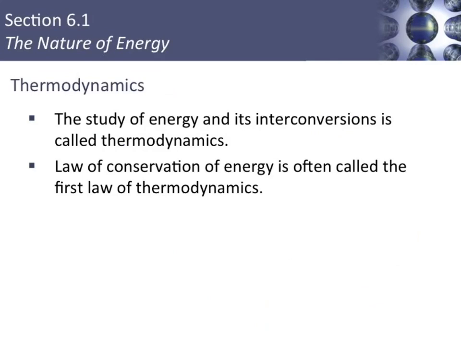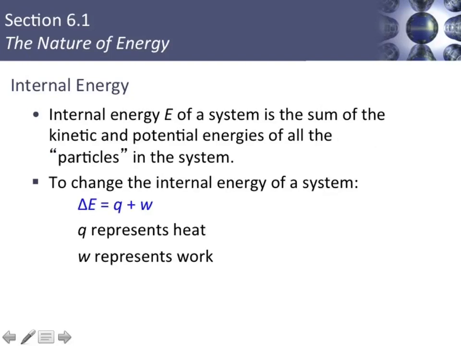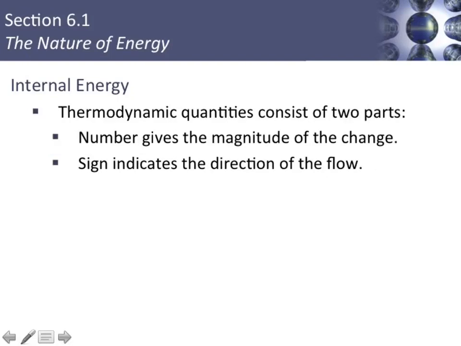So thermodynamics is the study of energy and its interconversions. The law of conservation of energy is often called the first law of thermodynamics. We talked about that. There are two things you need to know about these quantities from thermodynamics, and one is the number. It gives us the magnitude of change. And then the thing that you need is the sign. The sign is going to indicate the direction of the flow.